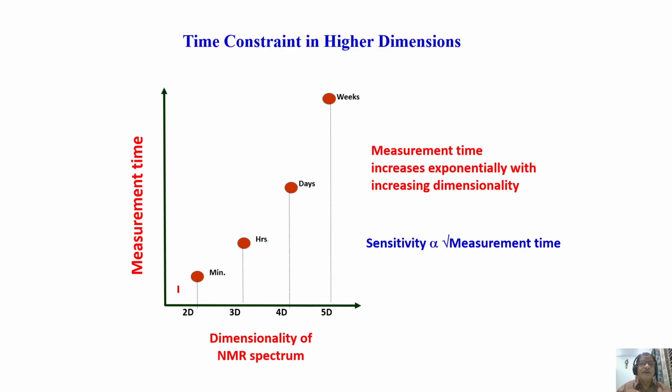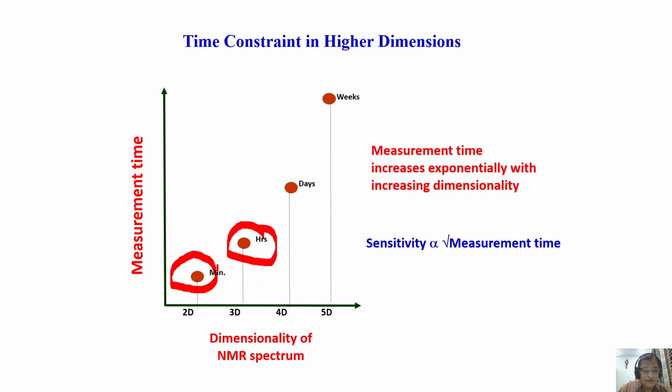In fact, 1D NMR you can do in a fraction of a minute now, in less than a minute, because sensitivity is much better. 2D you can do in a few minutes. Let's say in 15, 20 or 30 minutes, you can get a very good quality 2D spectrum. The same molecule, if you want to do 3D, it will take hours.